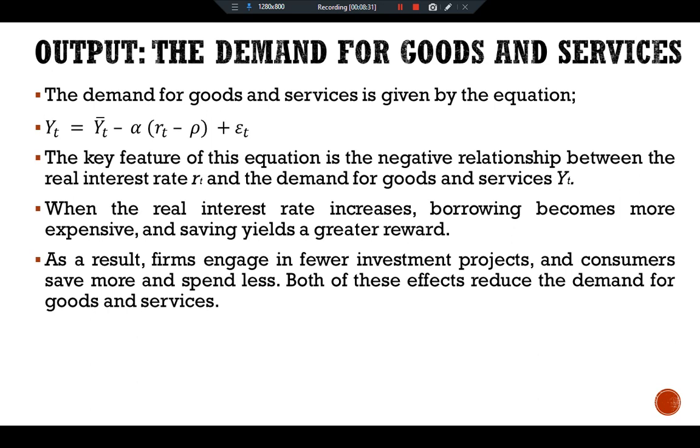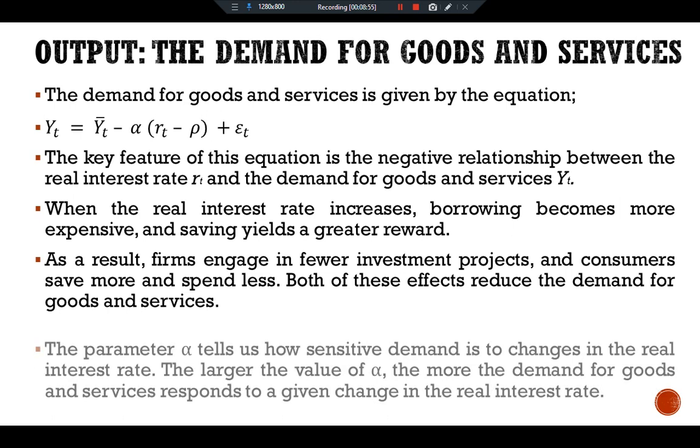In addition, we can say that the dollar might appreciate in the foreign exchange market, causing net exports to fall, but for our purposes here we are not focusing on the open economy effect.